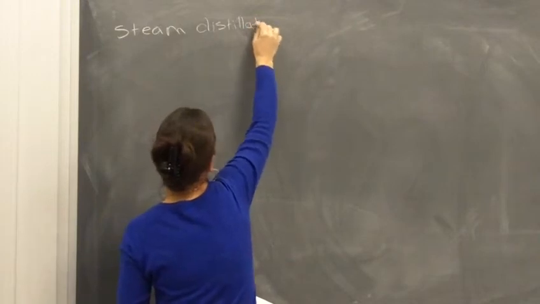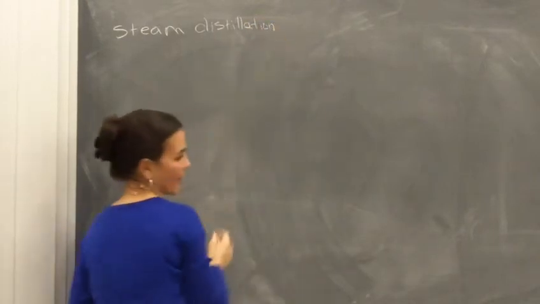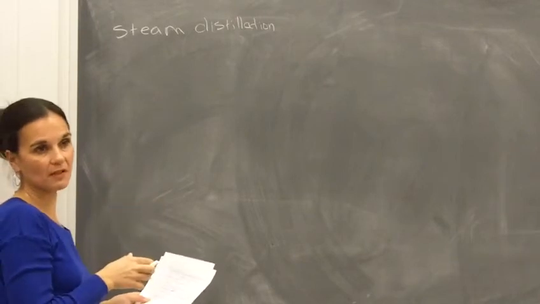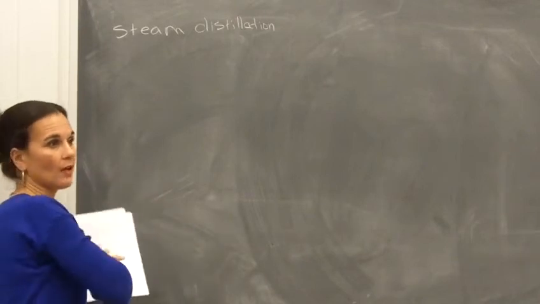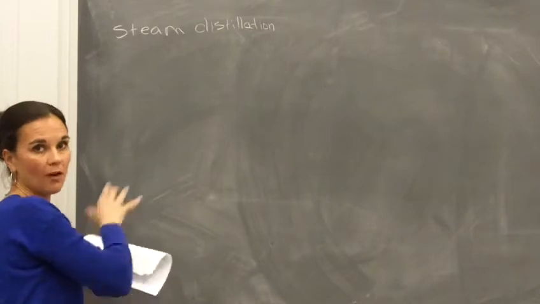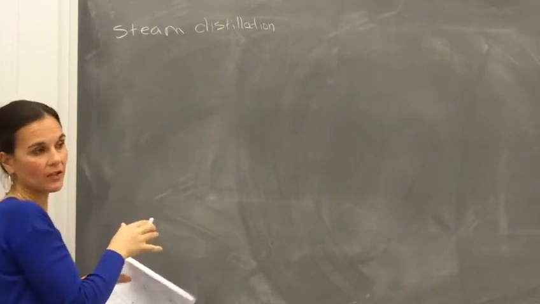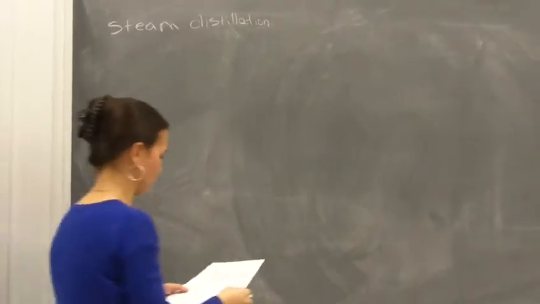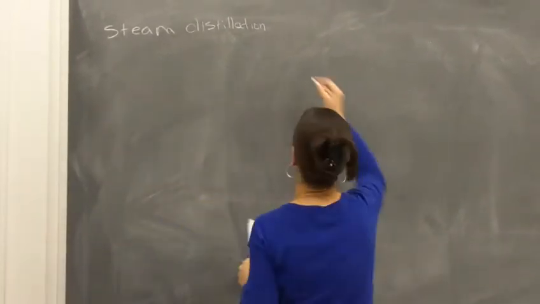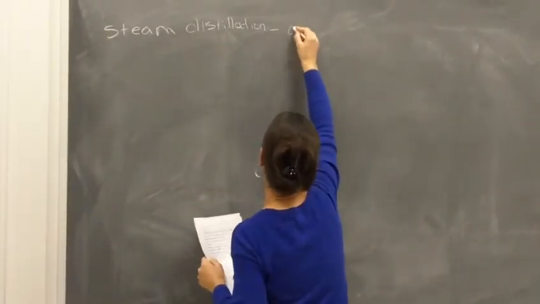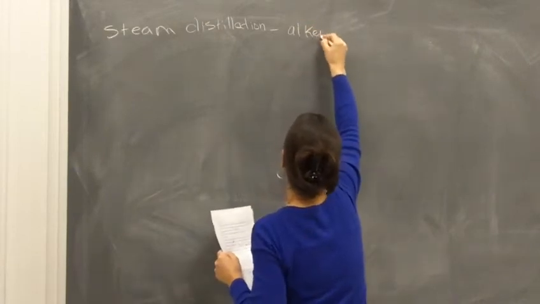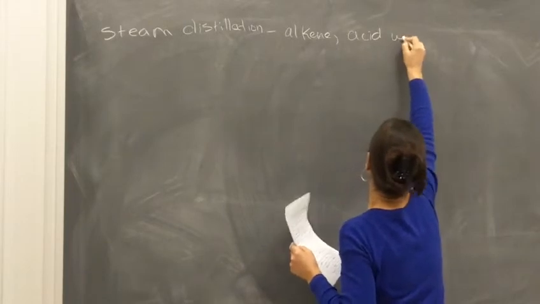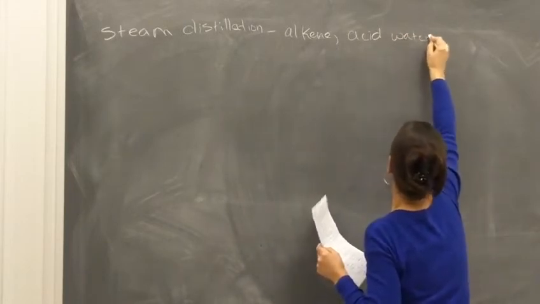So we're still using a steam distillation apparatus, but this time we're using the steam distillation because we're getting the sulfuric acid and the water from the sulfuric acid distilling over with the alkene as it's being formed, okay? So you're basically going to have your alkene and acidic water distilling over at the same time, okay?